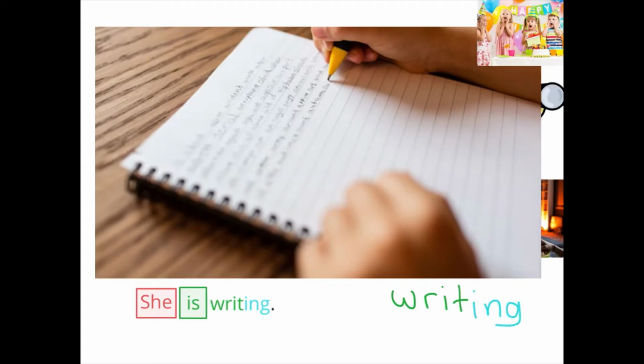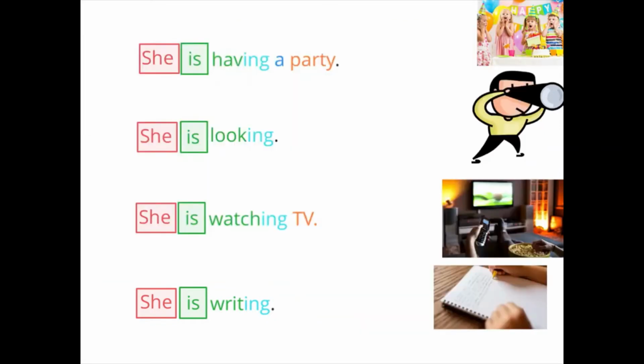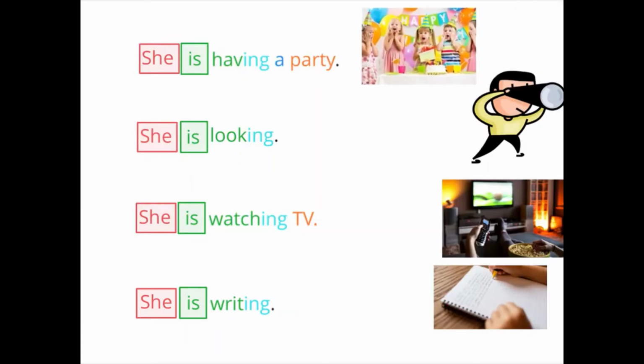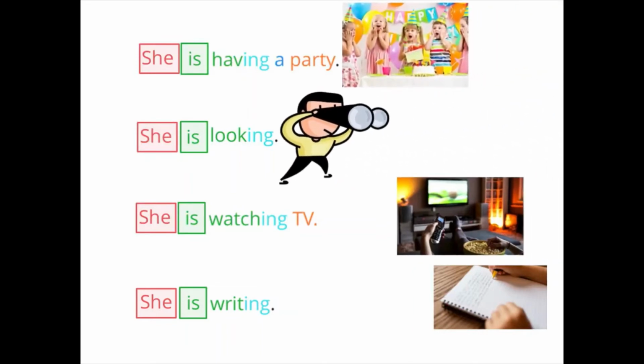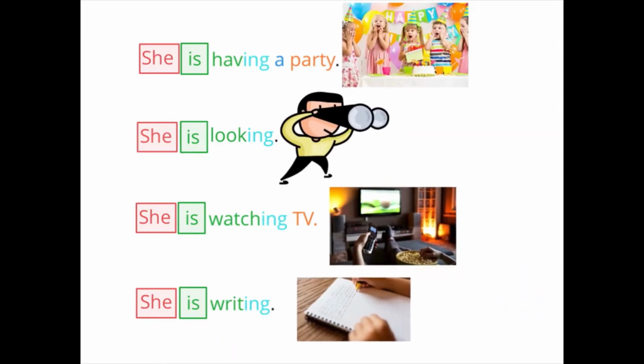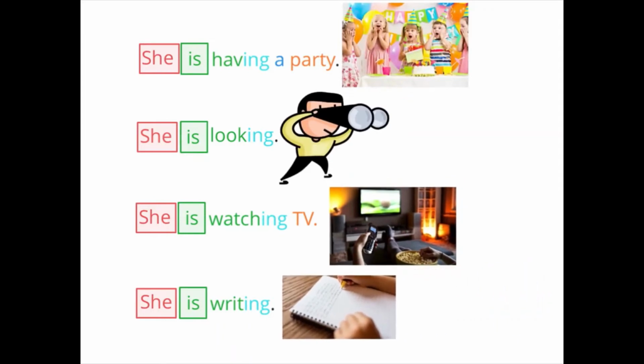With this verb, we can use an object at the end, but we don't have to. We can choose. We could say she is writing a story, period. Or we could just say she is writing. So we have she is having a party, she is looking, she is watching TV, and she is writing.